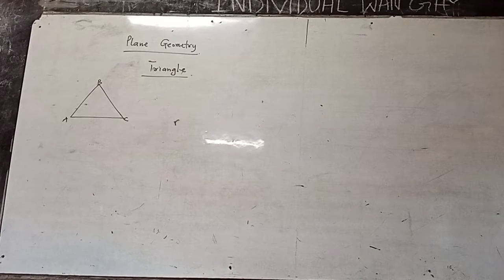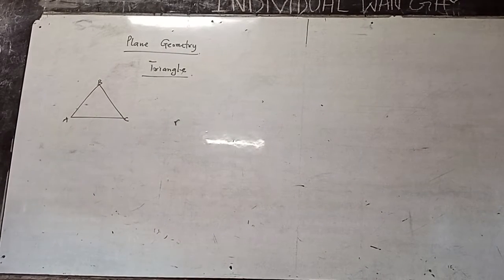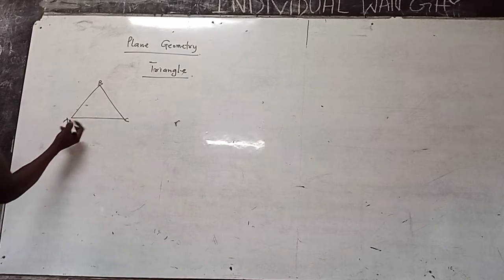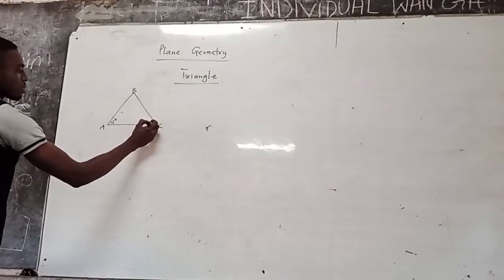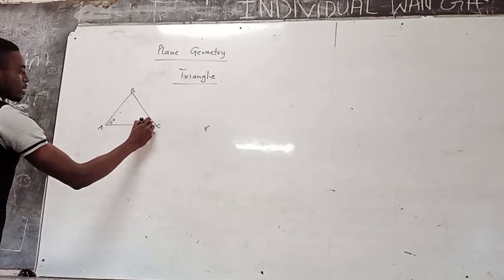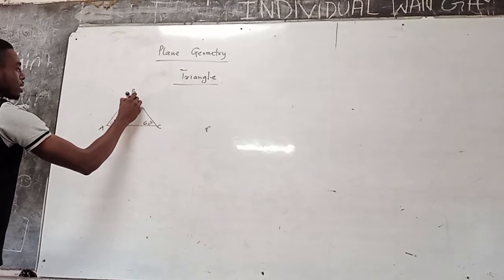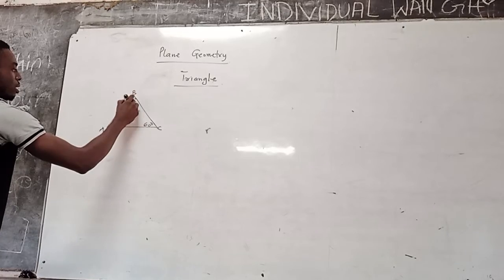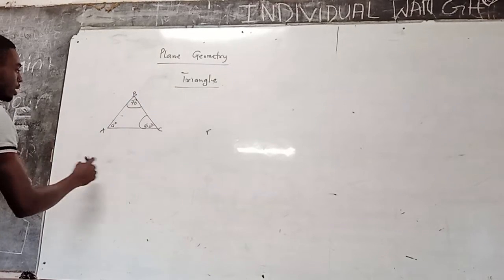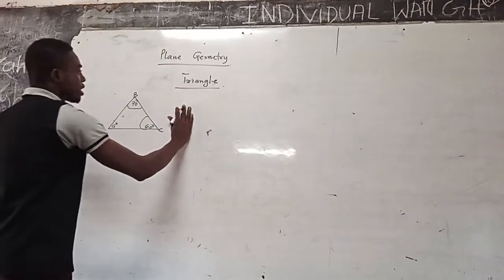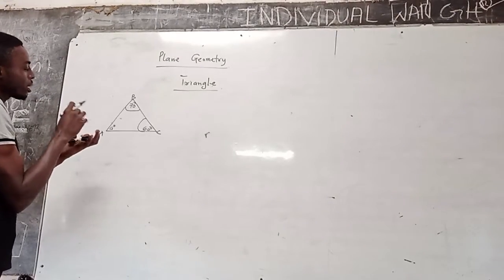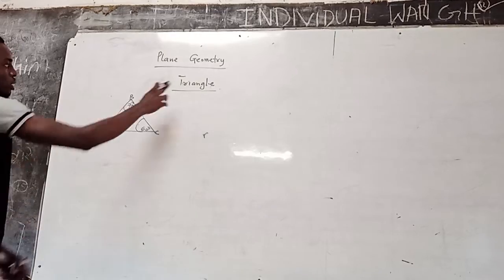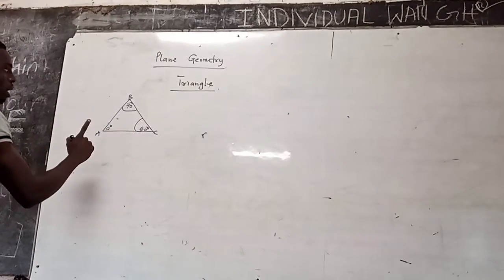So if we have a triangle and here we have to find A, while here is 60 and here is 70, we have to find A. The rule says that the interior angles in a triangle sum up to 180.